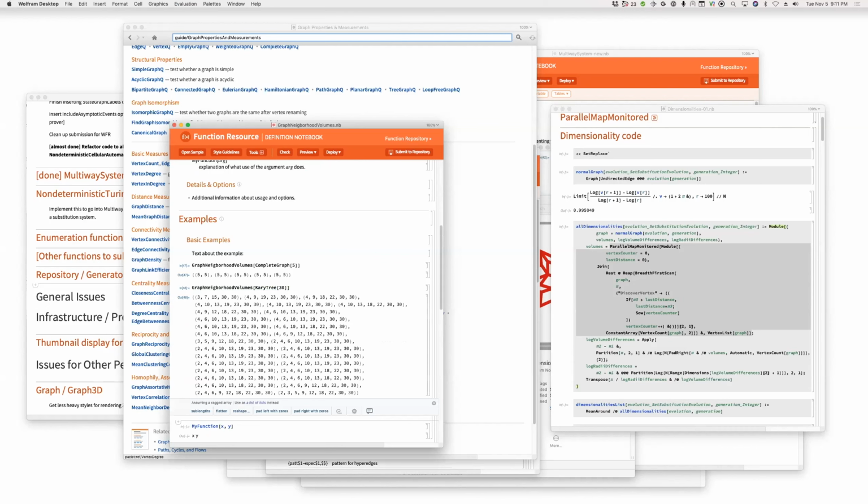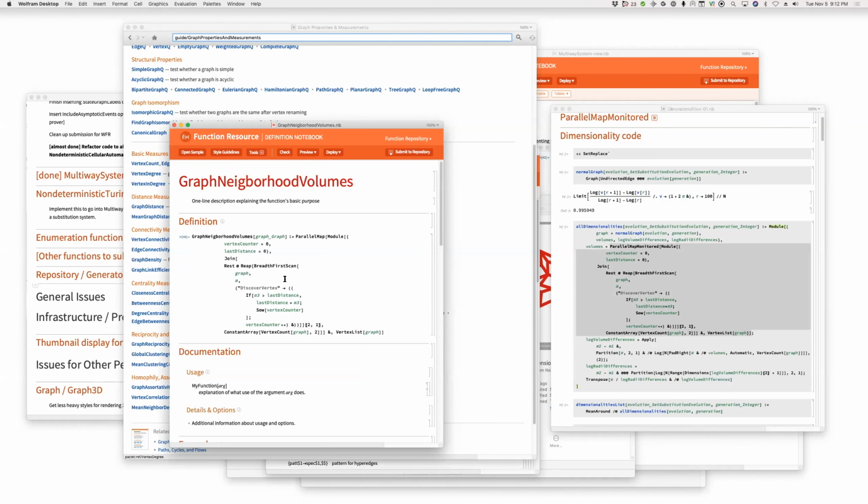Don't you agree? I think so. So then what we do to get the mean, well, you've got all kinds of issues to get the mean and get the dimension from this, but this is at least giving the volumes of successively larger neighborhoods around nodes in a graph.